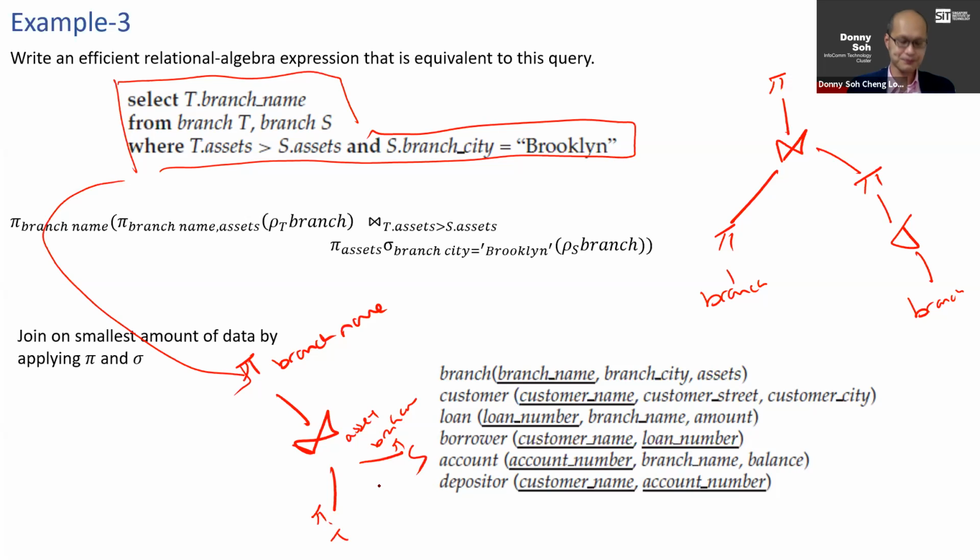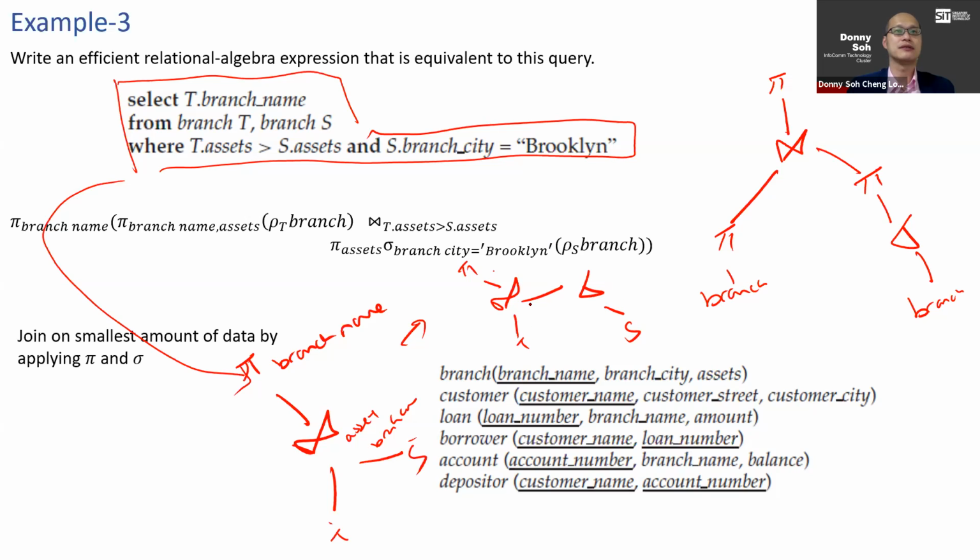But before that, I can say that the branch city is Brooklyn, so I first push down my Brooklyn selection here to T, because this doesn't affect the rest.